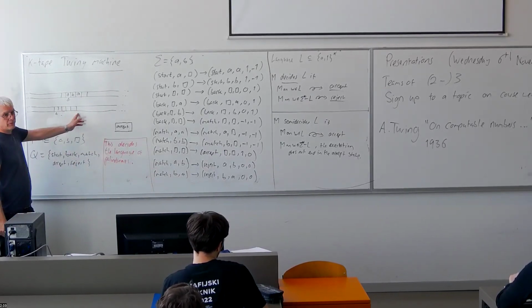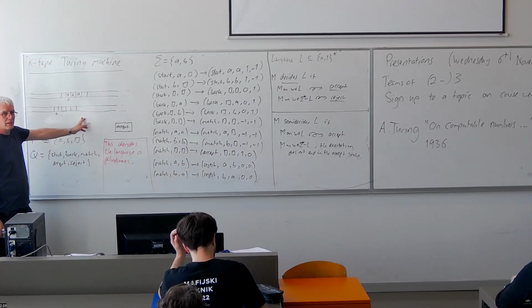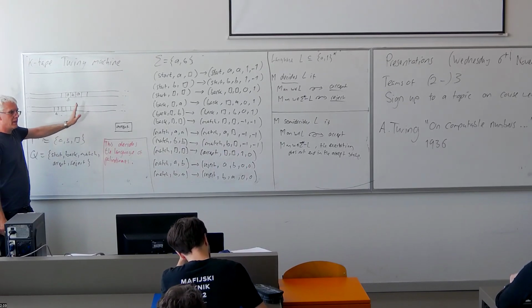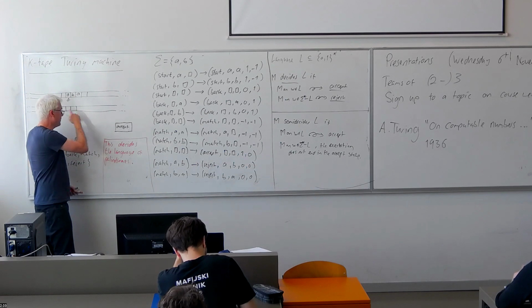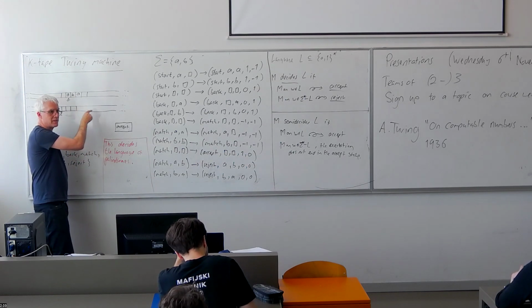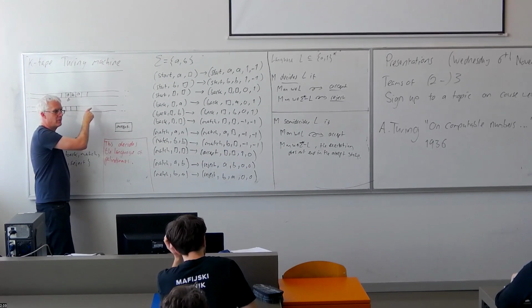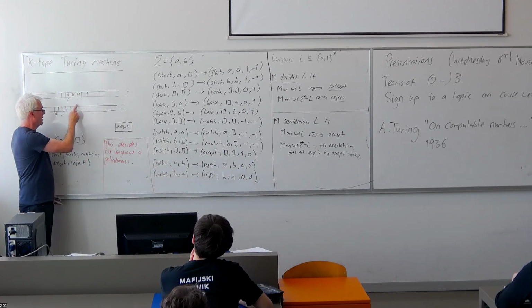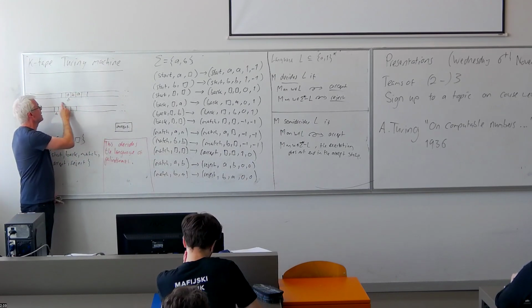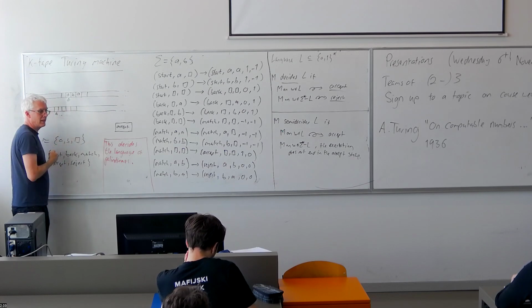This is a nice example for a multi-tape machine, because you can write a single tape Turing machine that will decide the language of palindromes, but the time that the single tape machine takes is necessarily quadratic in the length of the input word. Whereas this two-tape machine takes time linear in the length of the input word, because it just scans the word once, then moves the heads back, and then scans again, both simultaneously.